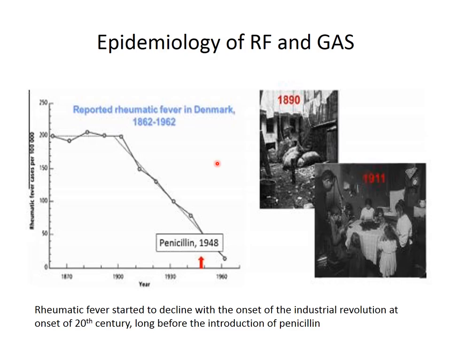If we look back to 1862, before the Industrial Revolution, about 50 years before, rheumatic fever was very prevalent in Denmark, which today is considered one of the healthiest nations in the world. The incidence at that time was 200 per 100,000 people having rheumatic fever.